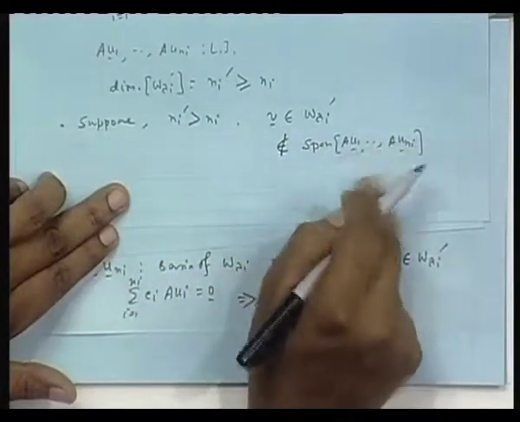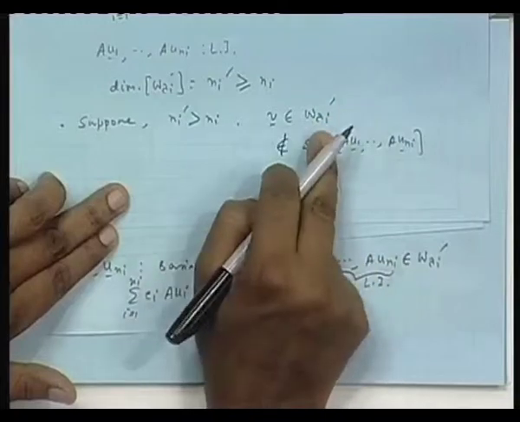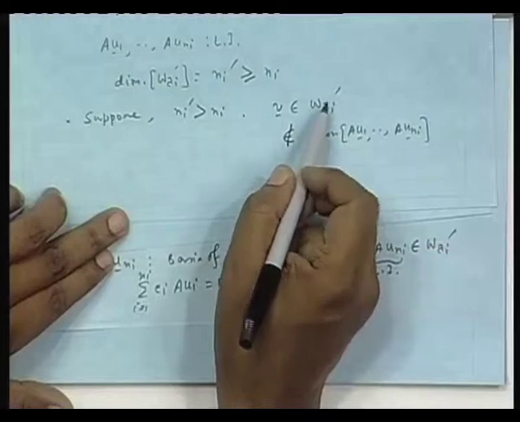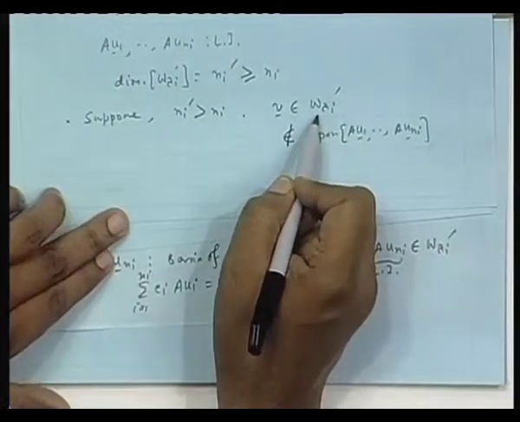They span a space. Go outside that, still you remain in this, and take a V from there. That V is an eigenvector of A A transpose corresponding to eigenvalue lambda I.